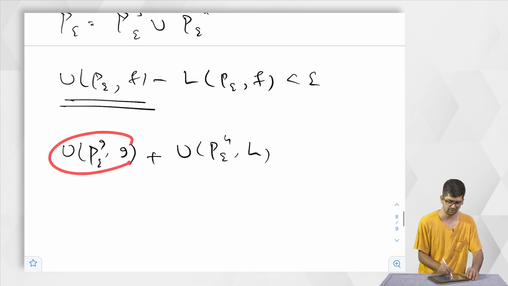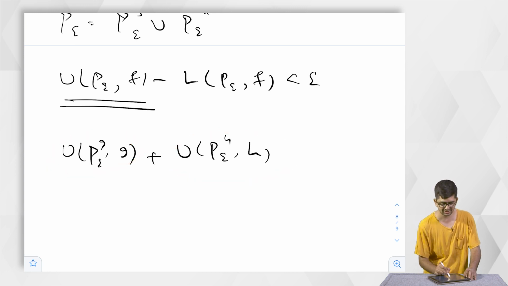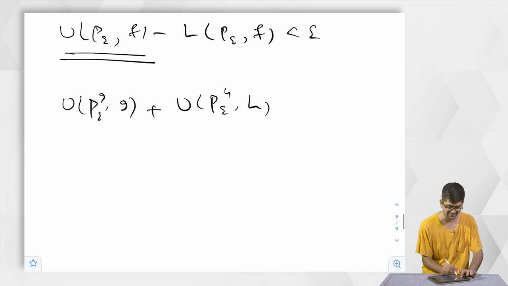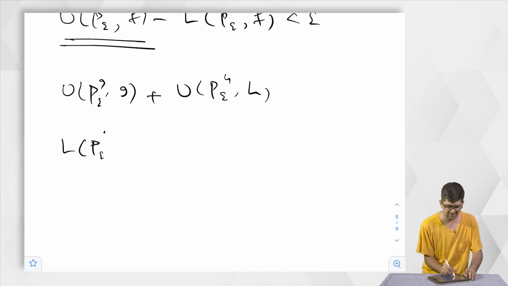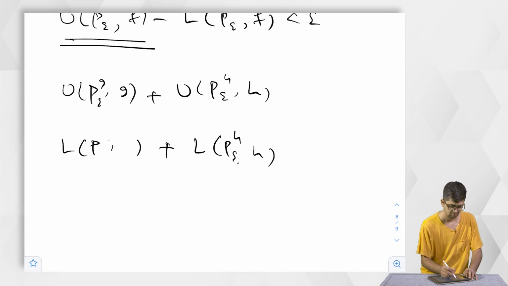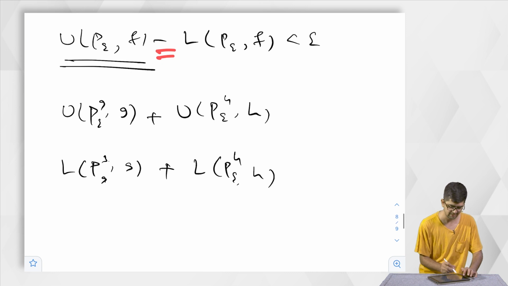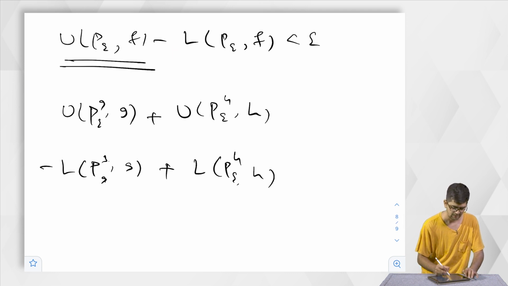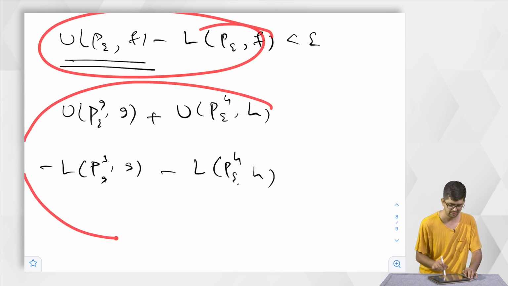It is just the sum of these two elements, that is all. Similarly, this is the sum of not U but L: L(P epsilon g) plus L(P epsilon h). There is a minus here, so we will put minus here.